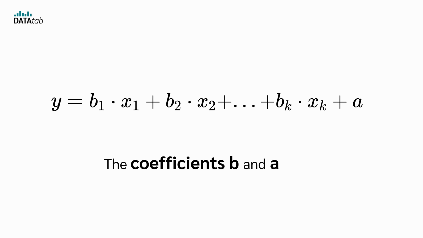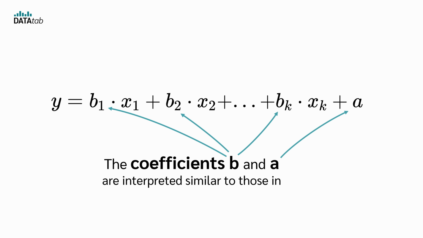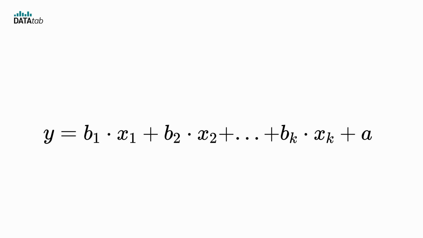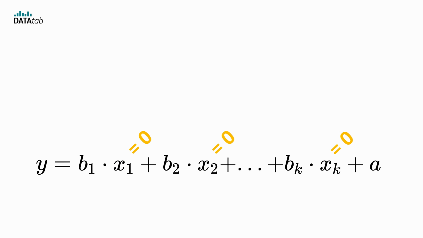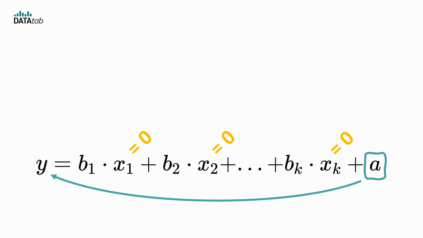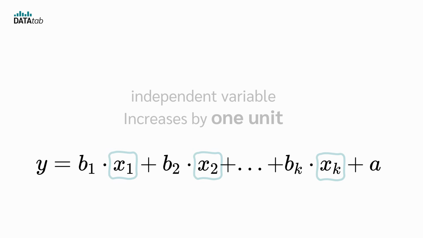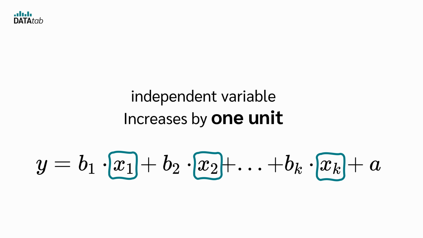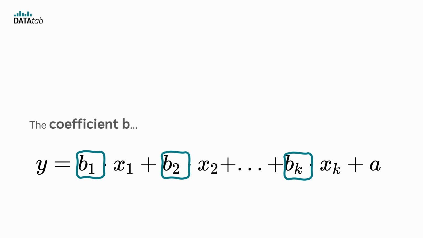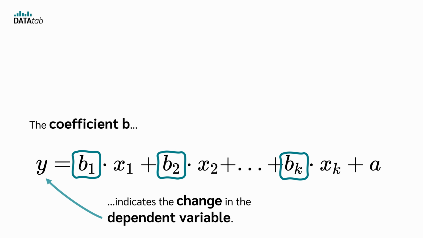But don't worry, the coefficients b and a are interpreted similarly to those in a simple linear regression. If all independent variables are 0, the value a is obtained, so we get a value of a for the dependent variable y. Furthermore, if an independent variable increases by 1 unit, the associated coefficient b indicates the corresponding change in the dependent variable.